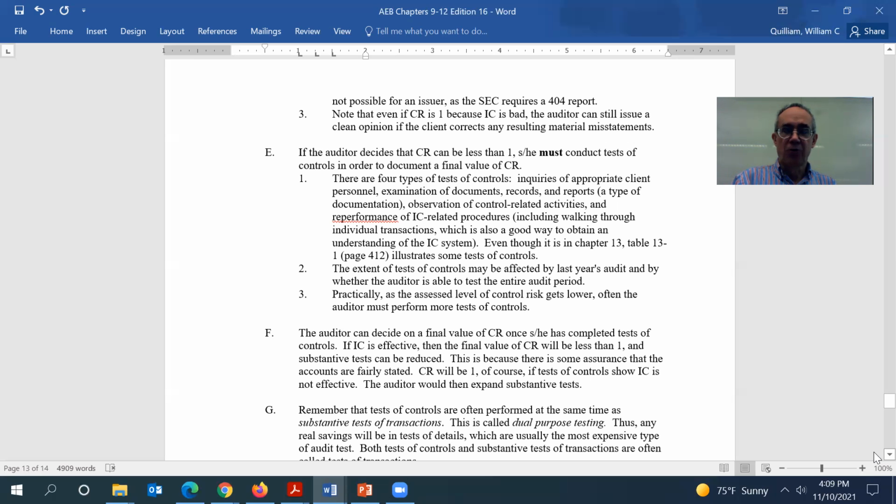Then, even though it's in chapter 13, where we'll get into it, table 13.1 illustrates some test controls. Once we know what the control is, it's easy to formulate a test control. Just like if the internal control is that credit must be approved for credit sales, to test that, we can rely on documentation.